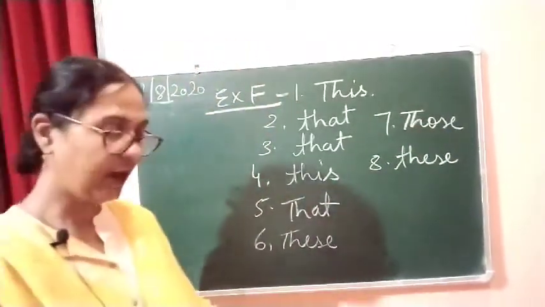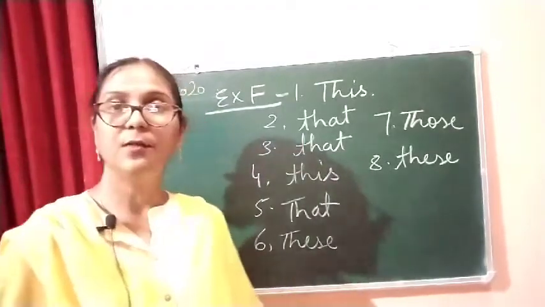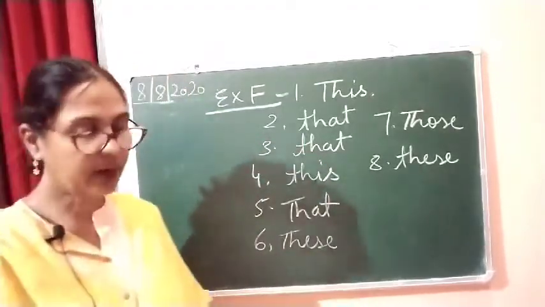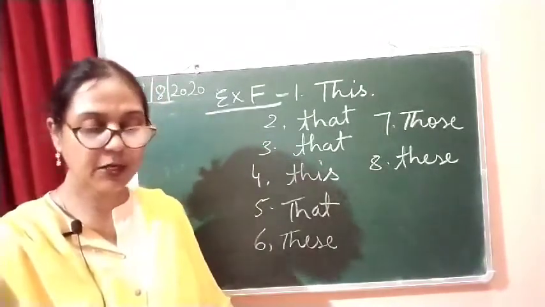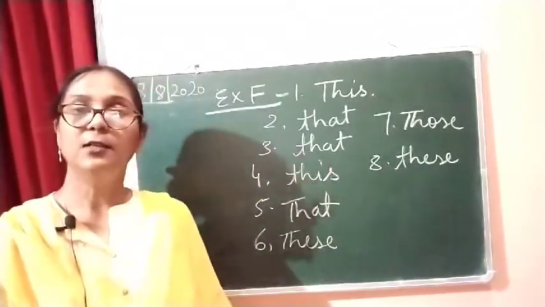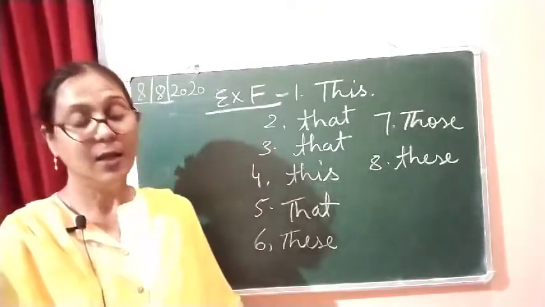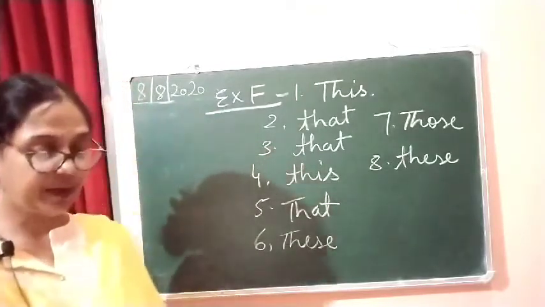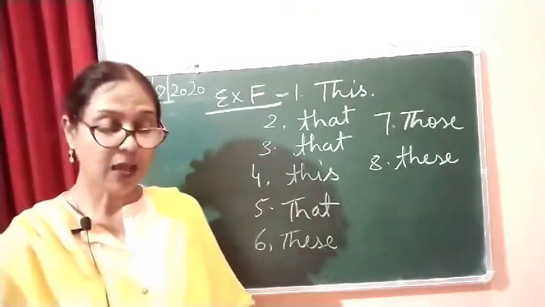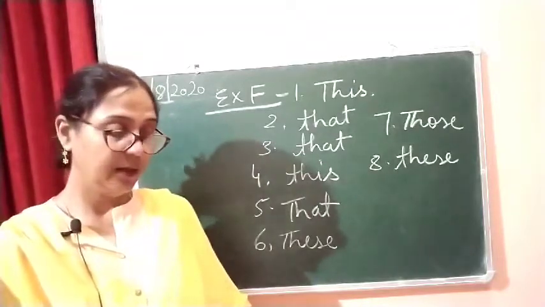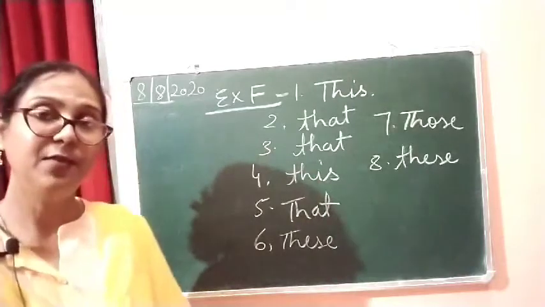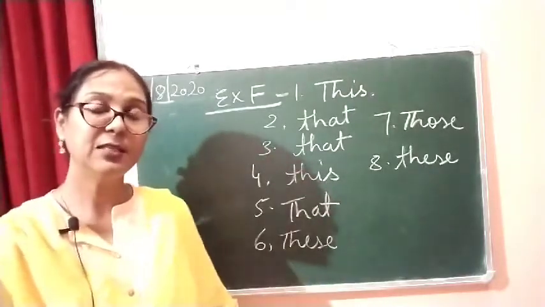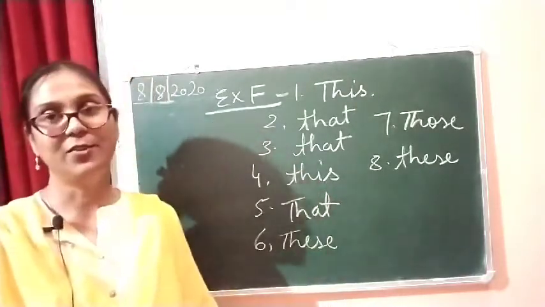So we have completed this exercise which was based on demonstratives, and today we have learned about repetition and omission of articles, and after that we have solved some exercises, and in the end we have discussed demonstratives, and we have solved the exercises based on demonstratives also.